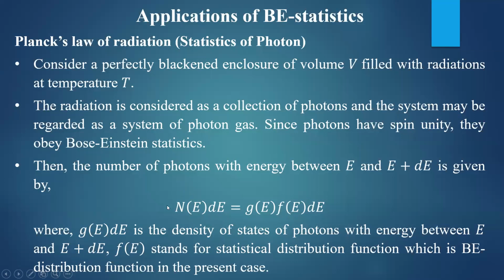So the basic equation says the number of particles having the energy E is equal to the density of states, the number of states available with energy E, into the distribution function, which is again a function of energy E.